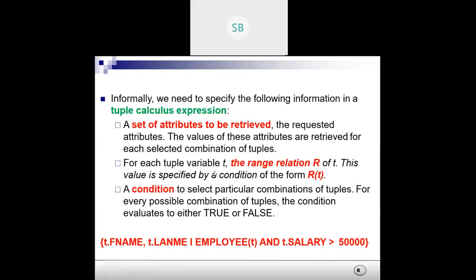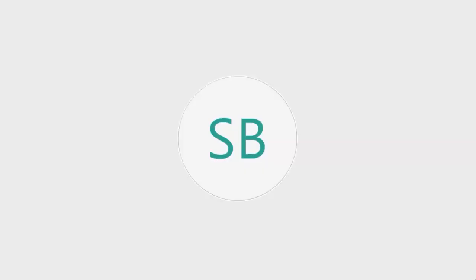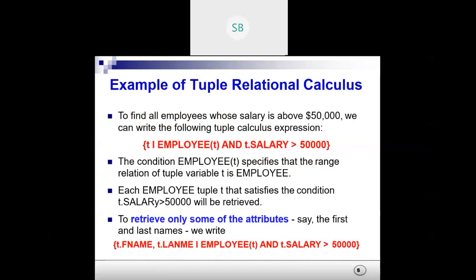Next, we need to find the range relation R of T. So this is the range relation Employee, in the form of R of T. And the last thing is the condition to select a particular combination of tuples. How will you select the particular combination of tuples?